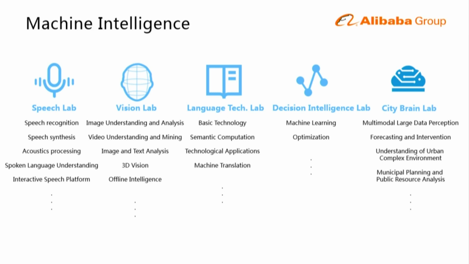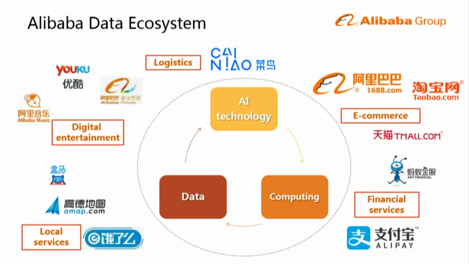And also we have a research lab called City Brain where we are doing research related to the complex problems in the city. As we all know, at Alibaba we have a wide range of coverage of business from e-commerce to financial services, to local services, digital entertainment, as well as logistics.